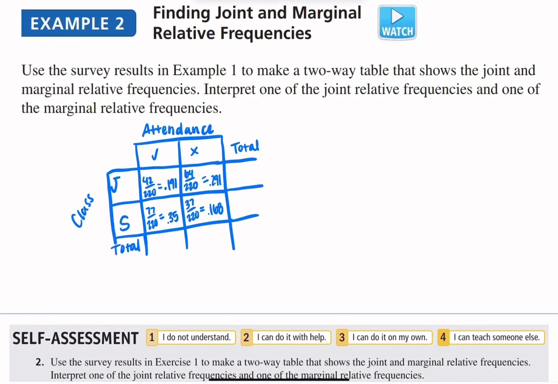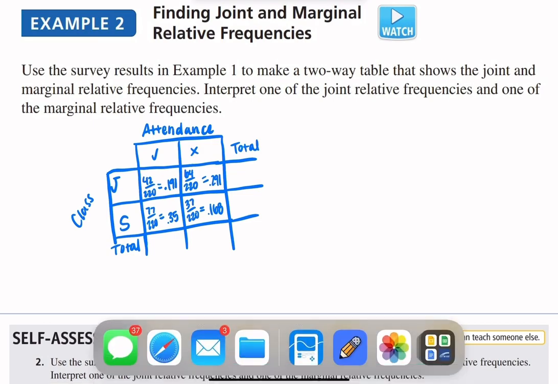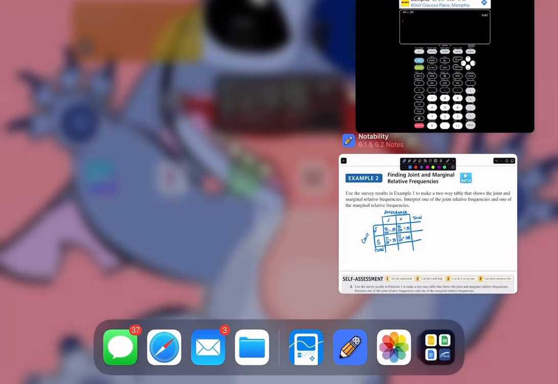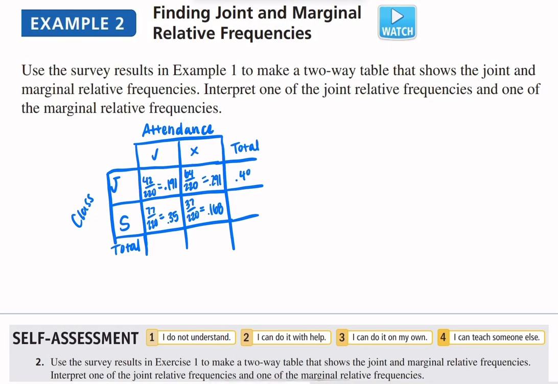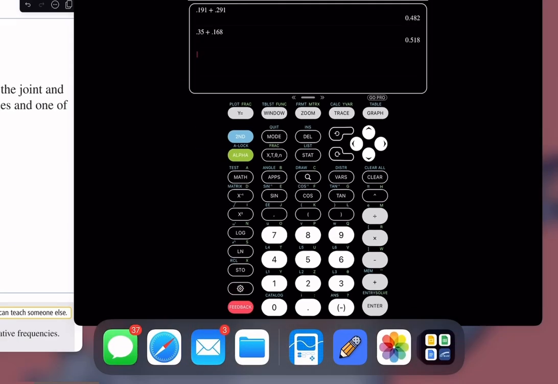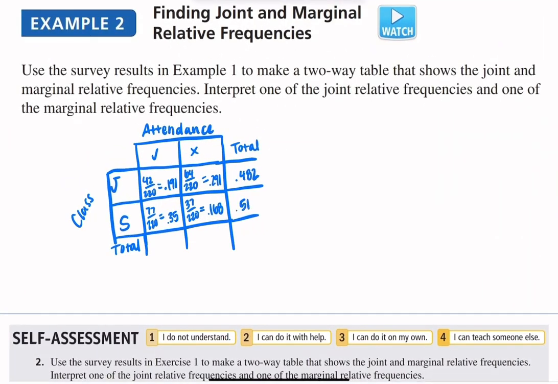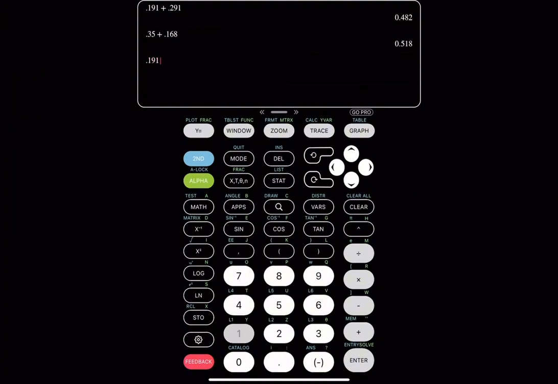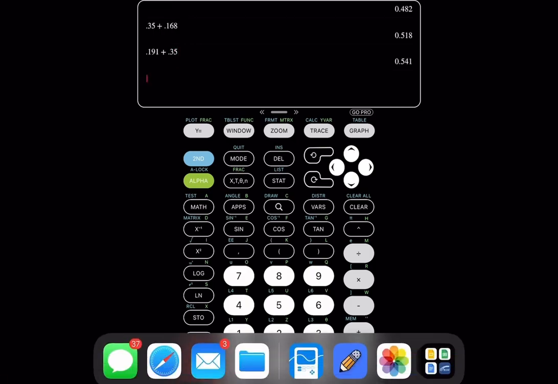For totals, I'm going to add, so 0.191 plus 0.291 is 0.482. 0.35 plus 0.168 is 0.518. And then my columns, 0.191 plus 0.35 is 0.541.